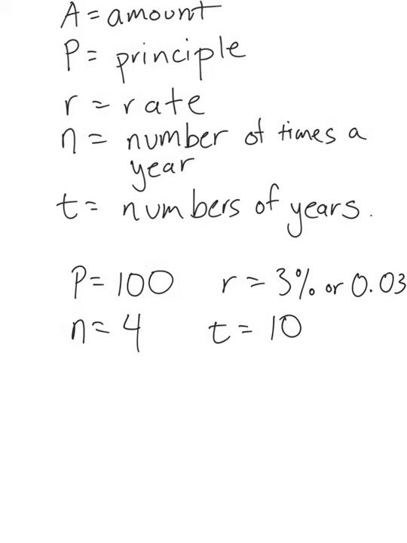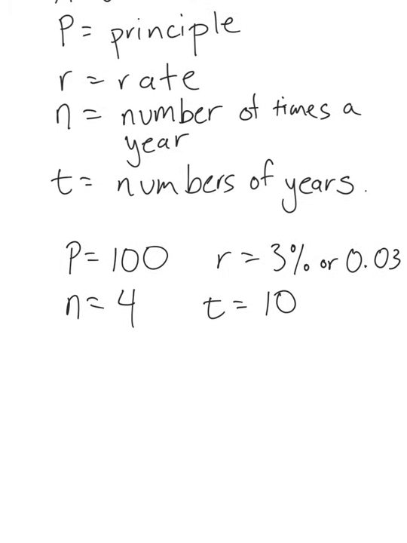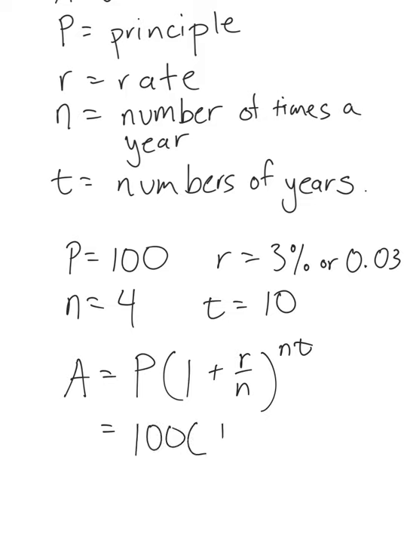So now what I like to call plug and chug. Once again, our formula is A equals P times 1 plus r over n, to the nt. Plug in our numbers. 100 times 1 plus 0.03 over 4, to the 4 times 10, and we'll plug that into our calculator.